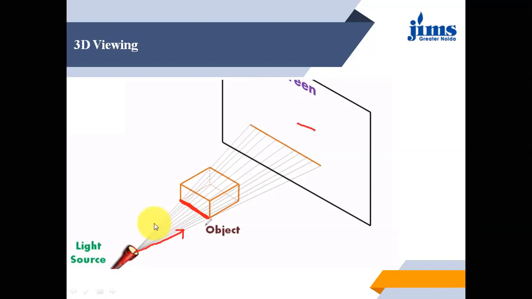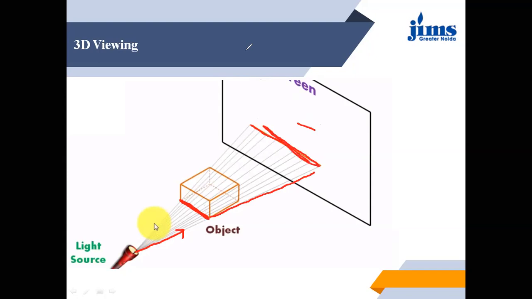So when these rays touch the object at this point, this will look like a line on the screen.